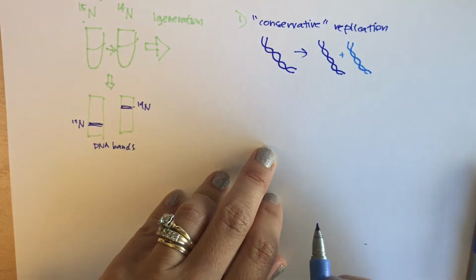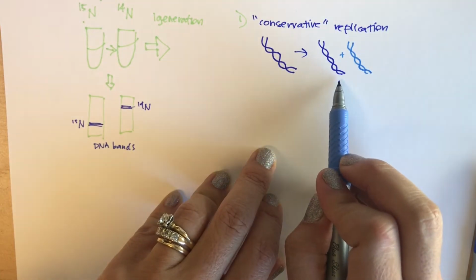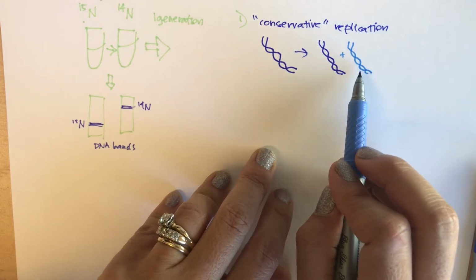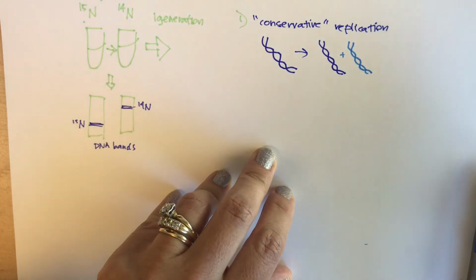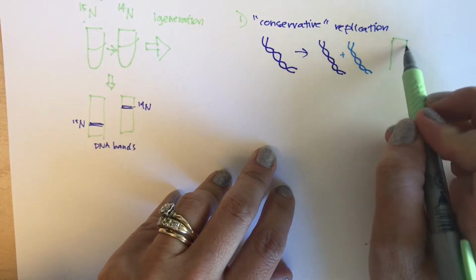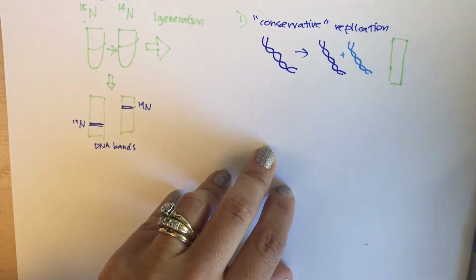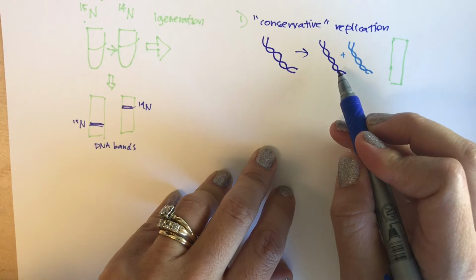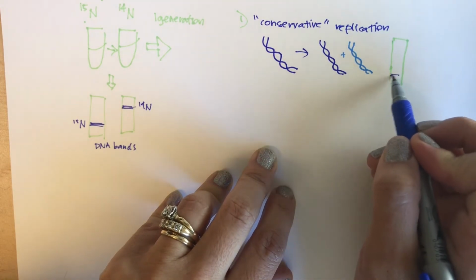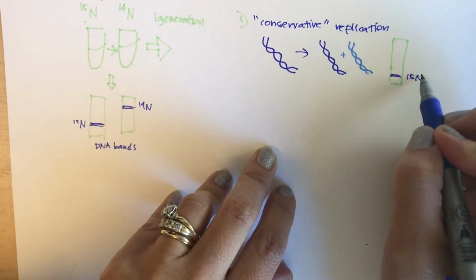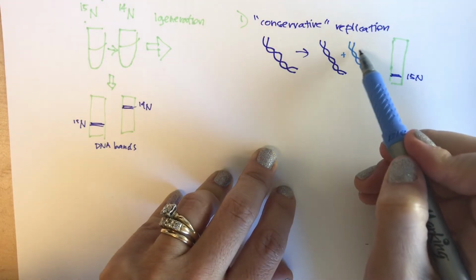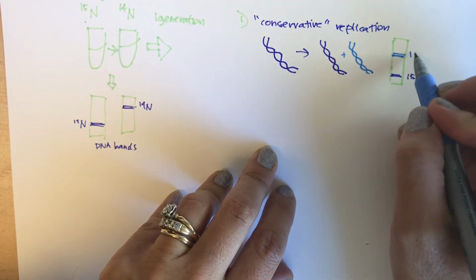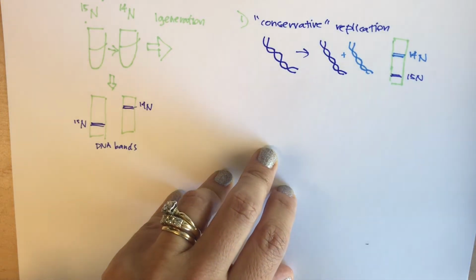So this is conservative because we've conserved the original double helix of DNA, and then we've just made this whole new daughter molecule. Now, if they saw this in their density gradient, what they would expect is that this molecule here would give us the heavy 15N band, and this molecule here that's made of light strands bound to itself would give us the light 14N band.